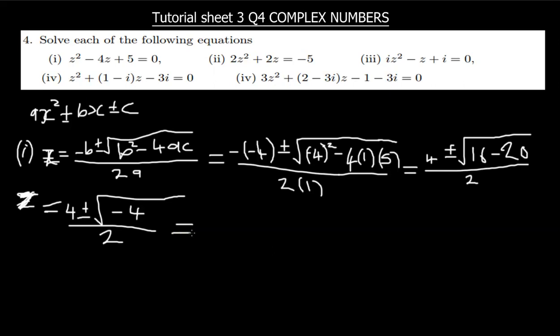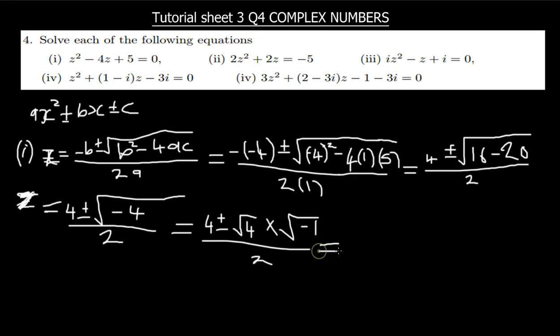So this one can also be written as 4 plus or minus the square root of this negative 4, we can write it as the square root of 4 times the square root of negative 1, over 2.